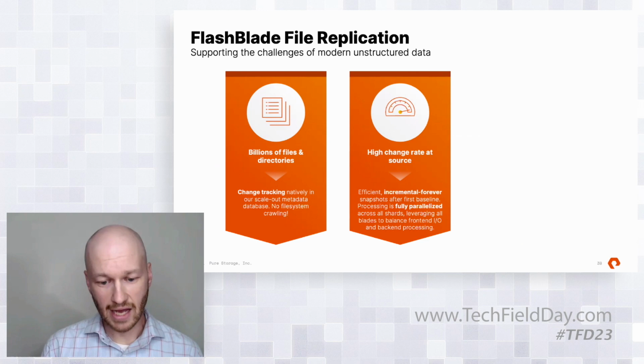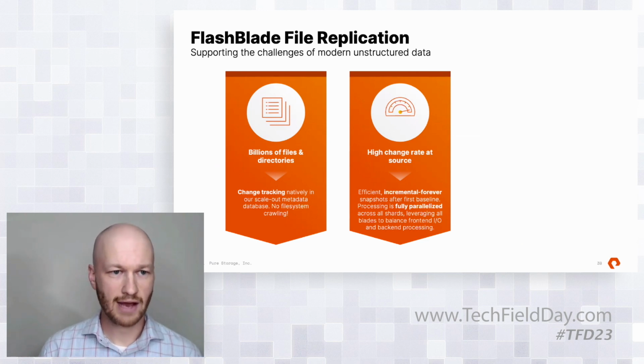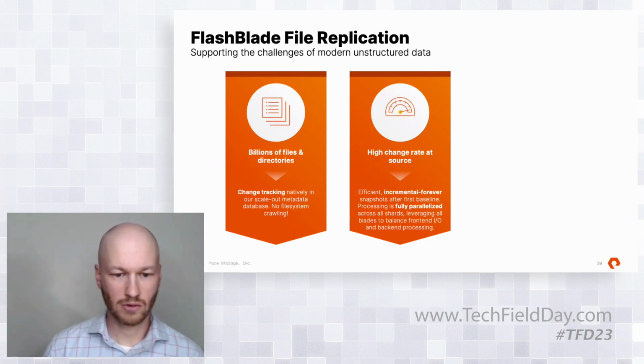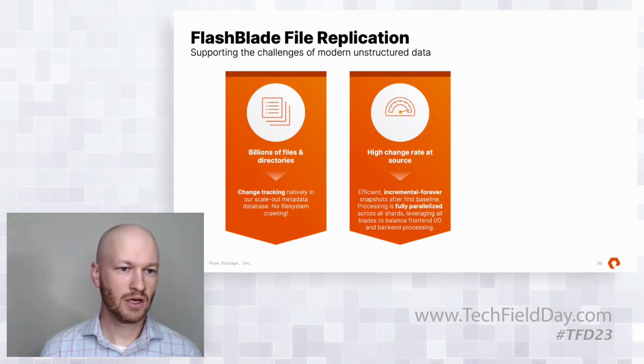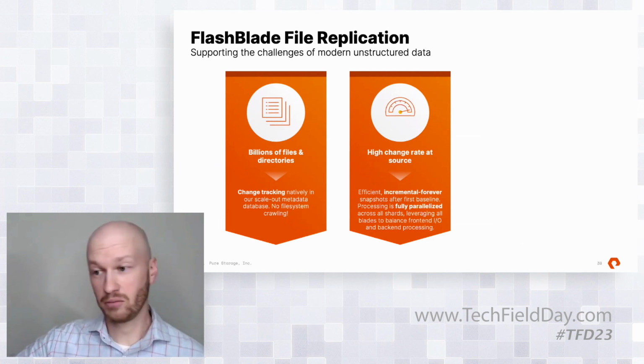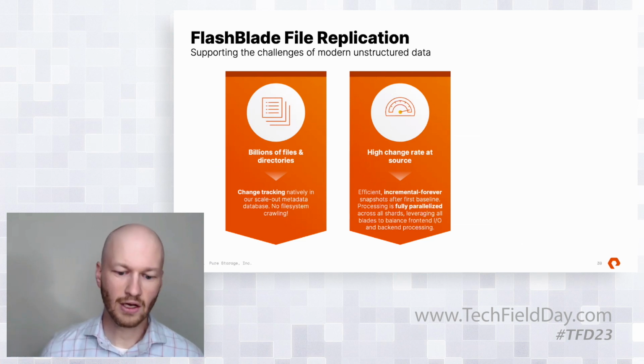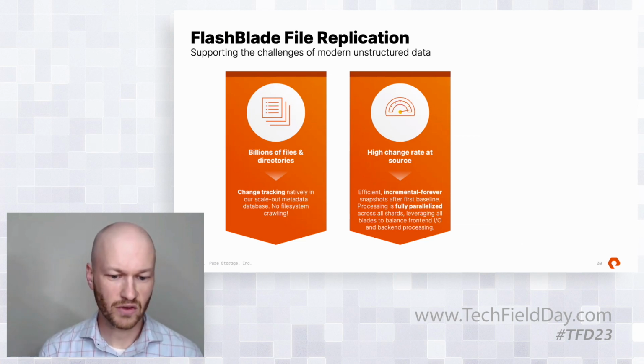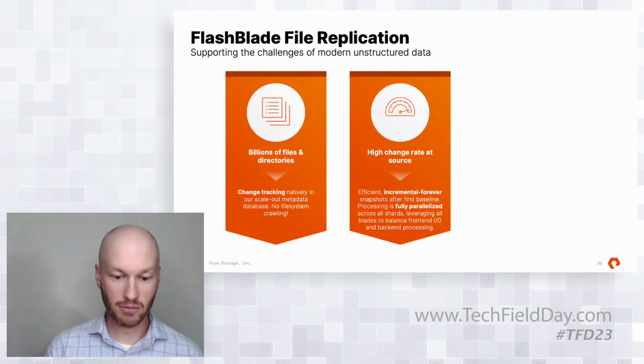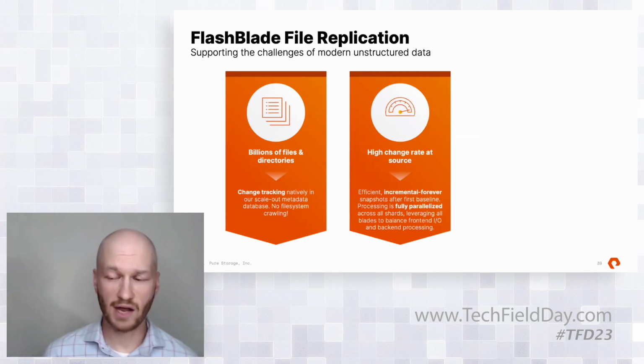But really, it's that distributed, sharded architecture under the covers that allows us to fully parallelize all the replication mechanisms. We're using all the cores and all the blades in the system to serve front-end traffic, but also to help track and ship changes over to the target and apply those changes there. That's really helped us keep up with the kinds of high performance use cases that customers are driving.